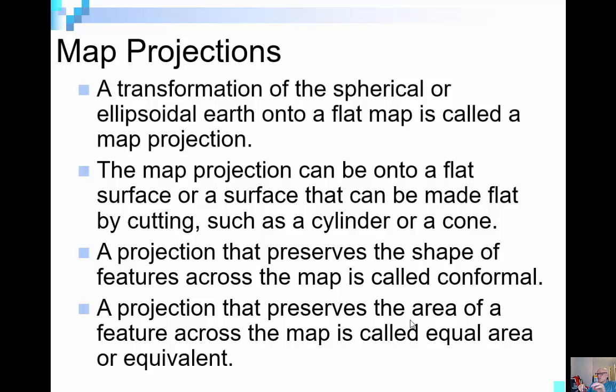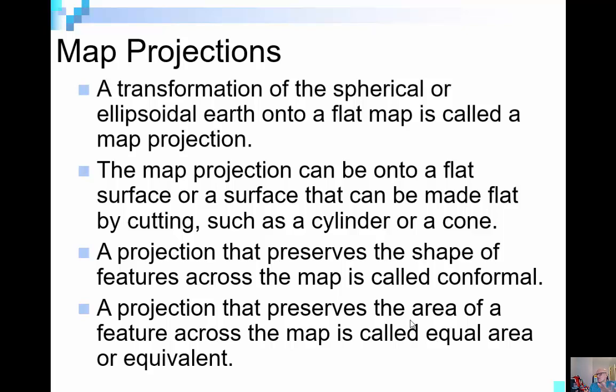So a projection is the method by which we put this 3D onto a 2D and try to minimize distortion as much as possible. We'll talk about some of these different types of distortion. A projection puts the earth on a flat surface, such as a cylinder or a cone, but projections that preserve the shape of features are called conformal.